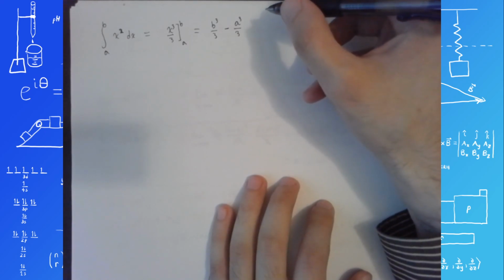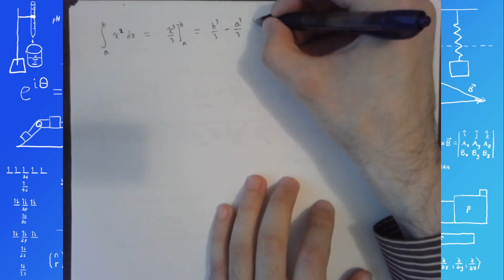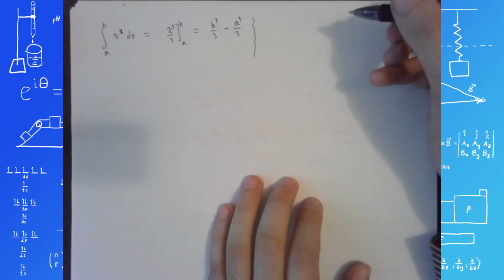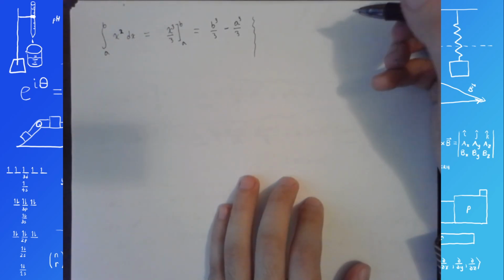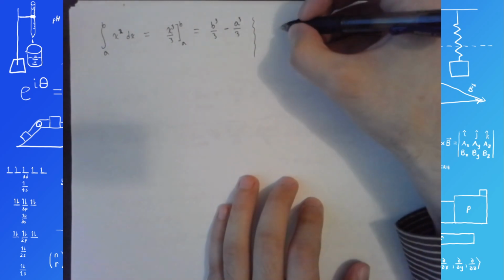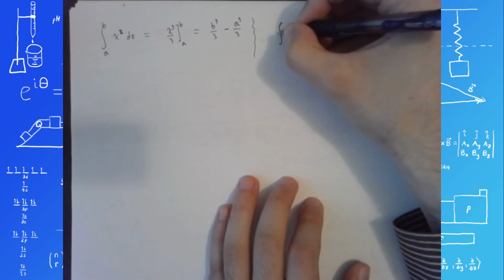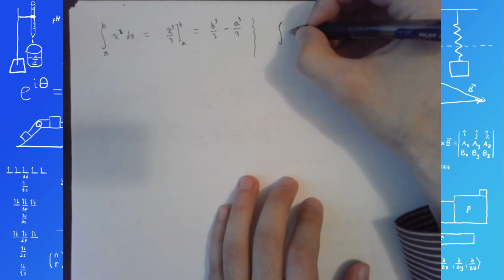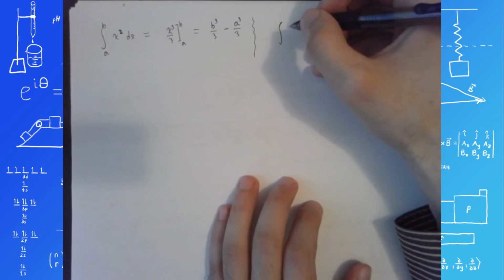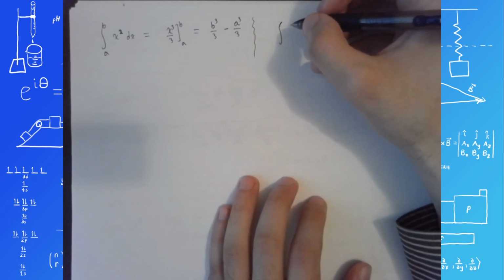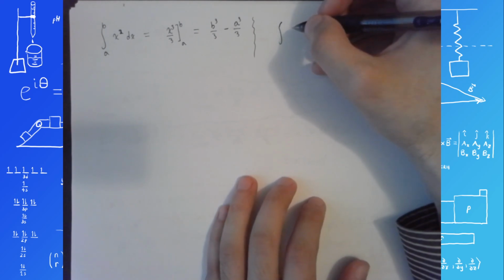So I guess what I want to do now is just give you a general formula for the integrals of polynomial functions. If I'm doing an integral of a polynomial function, I'm not going to write bounds this time. My brain is thinking faster than I can talk. Let me slow down.